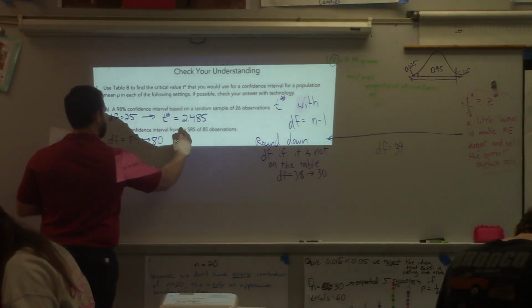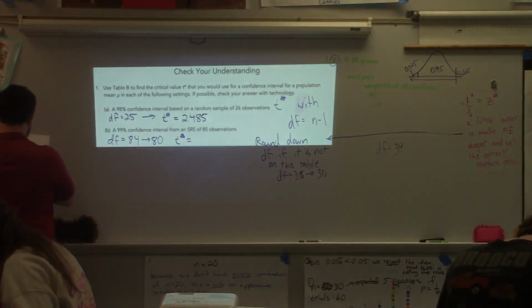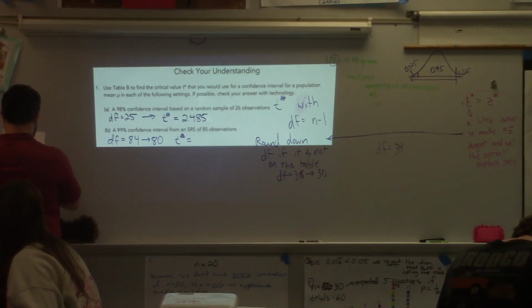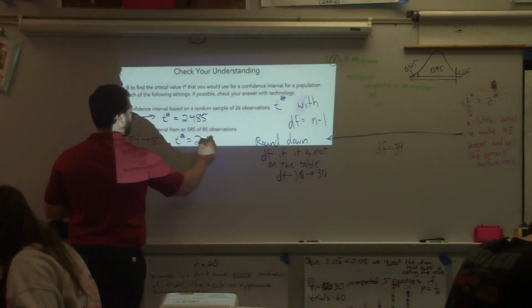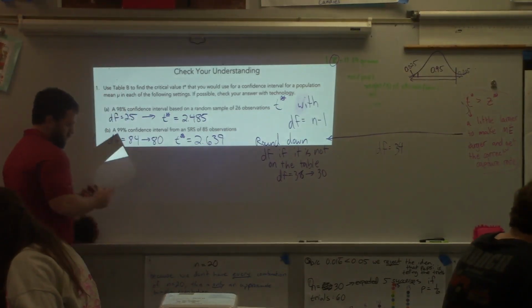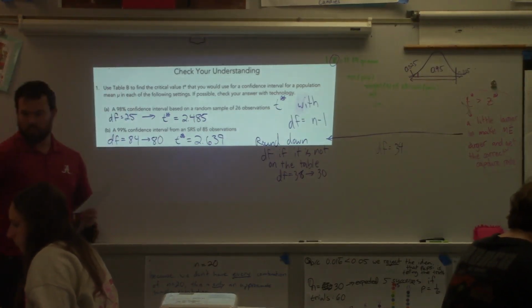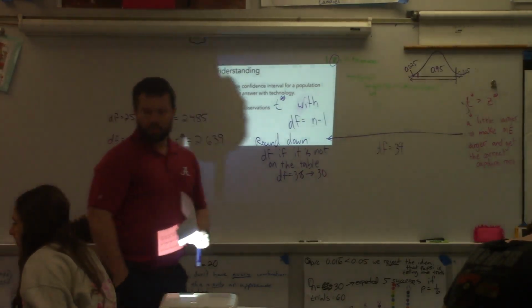Oh, no, we're supposed to do a confidence interval, an interval for both of those. 2.485.